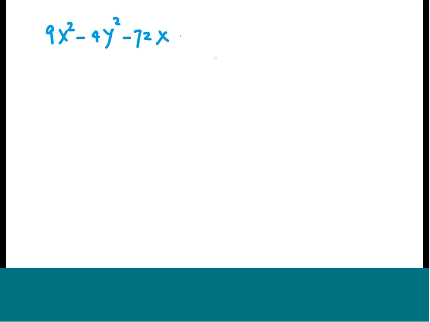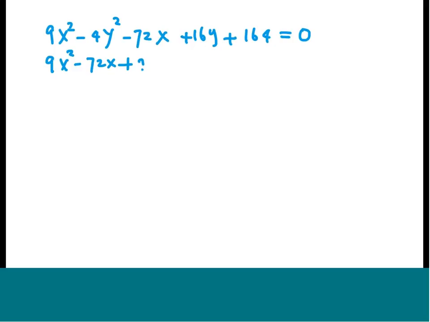Plus 1 equals 0. Okay, so this one is hard. 9x squared minus 72x, then plus what is going to be the next perfect square?